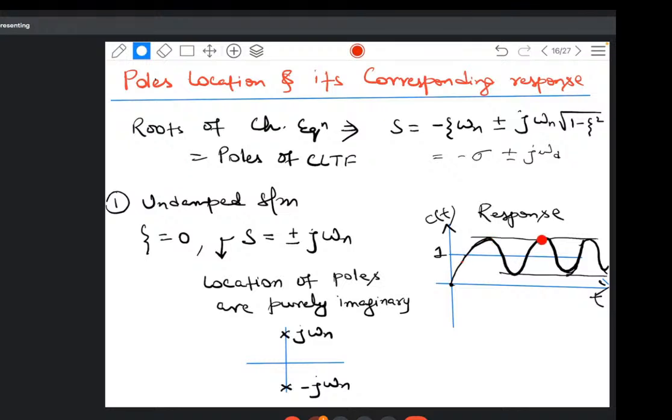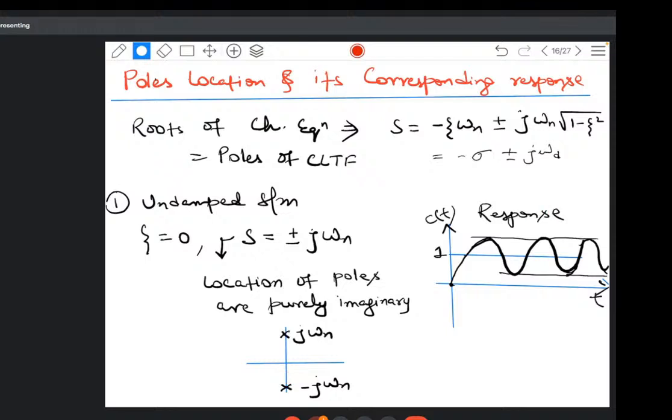The oscillation will be steady, so it will continue to oscillate even at steady state. So this is the plot of the response, the time domain or time response analysis plot. That is, when zeta equals 0, the poles are purely imaginary, and the plot will look like this.